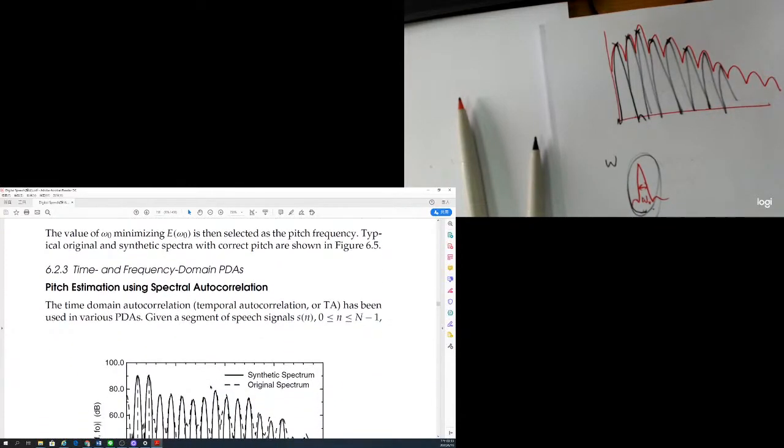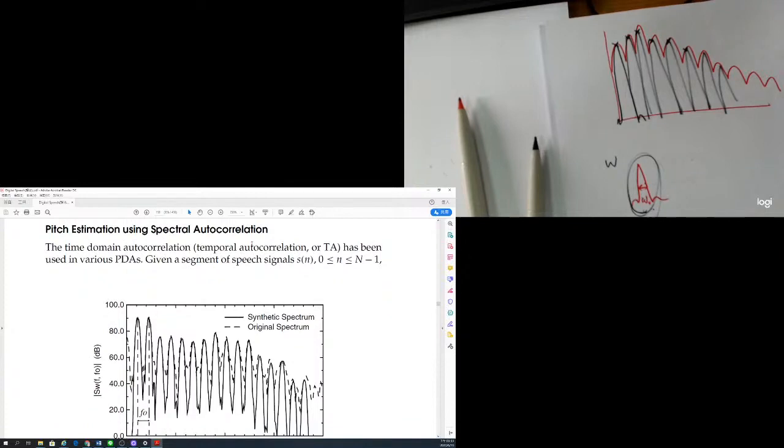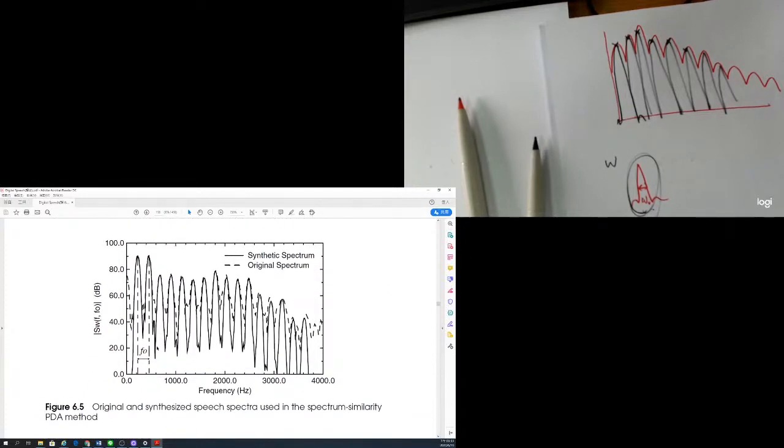Okay. Also, we consider time-frequency domain pitch detection. So you can see here the synthetic and original waveform. Dash 9 is their original waveform, and 39 is synthesized. They have many omegas, and according to the original waveform, they sample the peak points and combine them together.